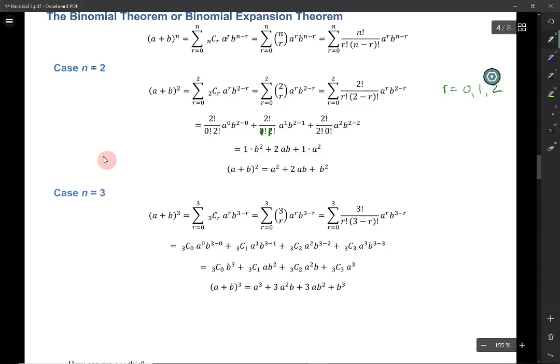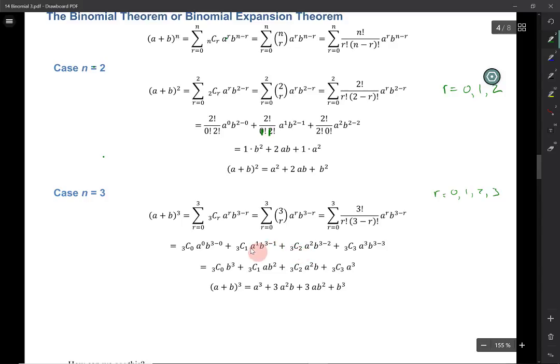So here n is equal to 3, and so r goes from 0 to 3. So this time r is equal to 0, 1, 2, and then we add in 3. So there's the 0 term, the 1 term, the 2 term, and then the 3 term. Now r is 1, and so now you can see the a is increasing, and the exponent for b is decreasing.